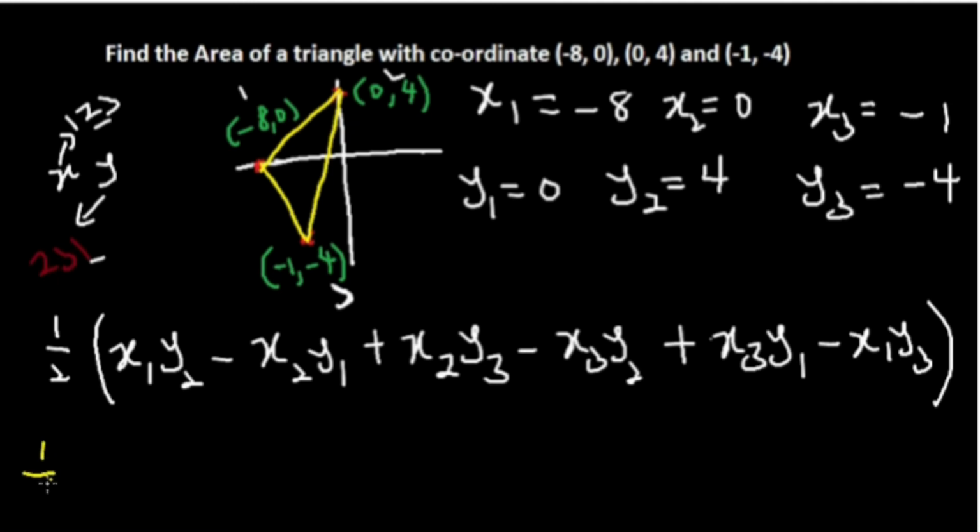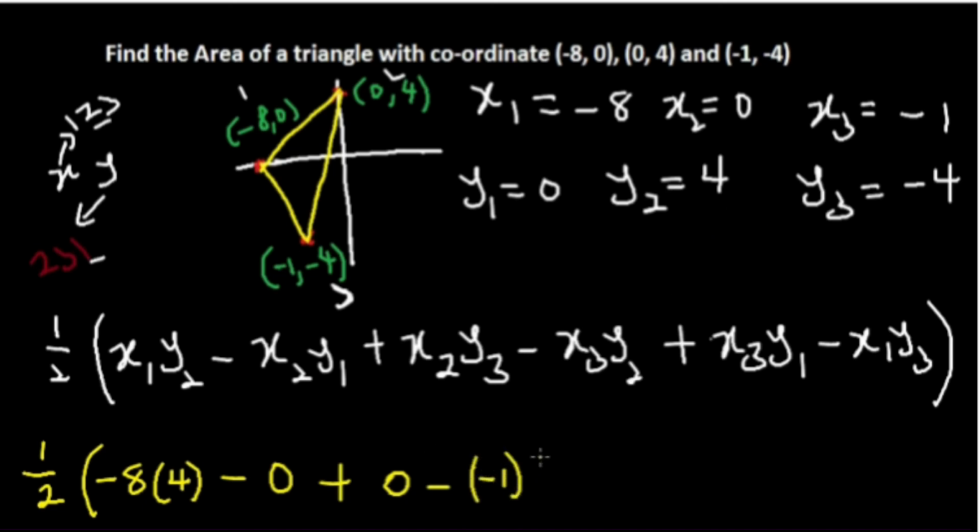So I have 1/2. Okay, so x1 here is -8, then y2 is 4. Minus x2 here is 0, so that will just give us 0 without wasting time. So x2 here also is still 0, so that will just give me 0. Minus x3 is -1. y2 is 4.